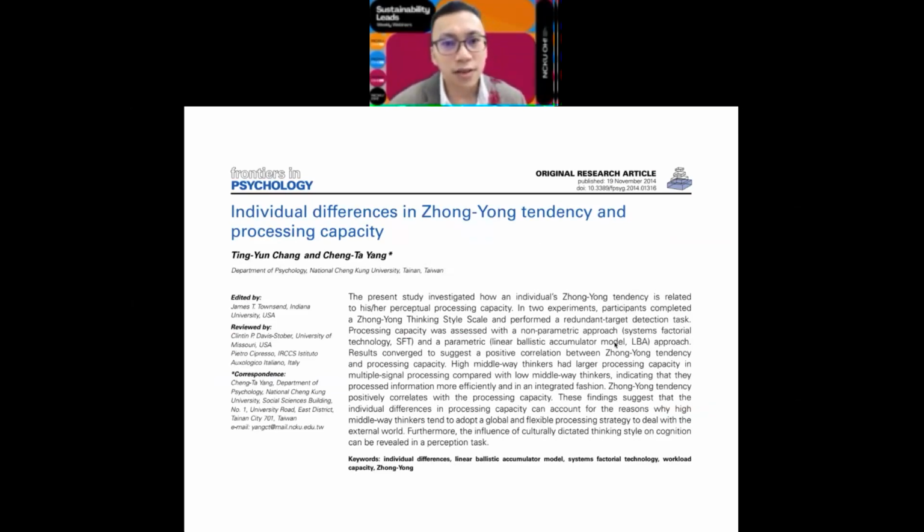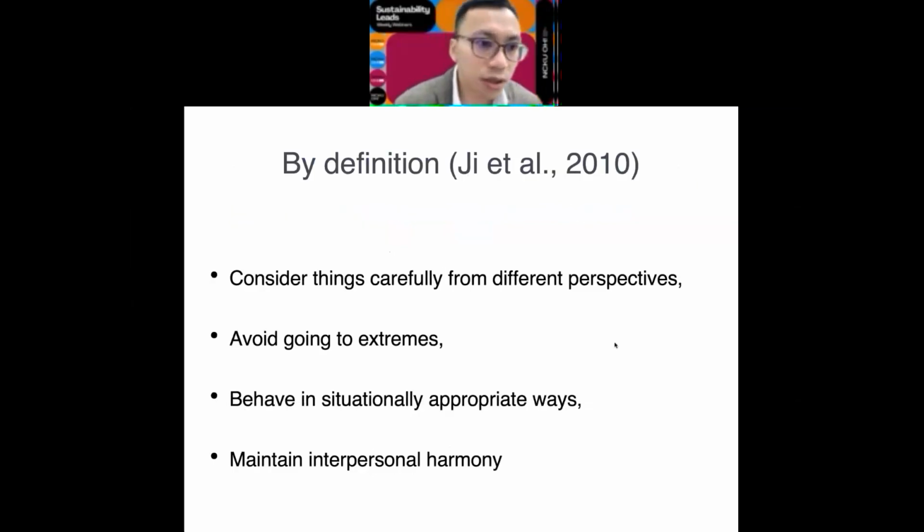And this one is very interesting, so I would like to spend a few minutes to introduce the study. We apply SFT to study the individual differences in a Chinese personality trait, the so-called Zhongyong tendency, and the processing capacity. By definition, Zhongyong describes a person who can consider things carefully from different perspectives, avoid extremes, behave in a situationally appropriate way, and maintain interpersonal harmony.